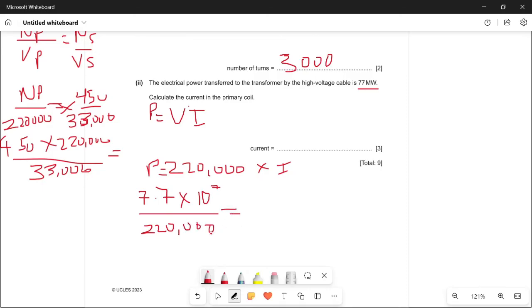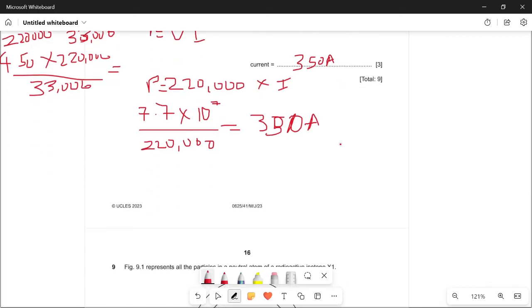So this would give us 350 amps. So the current is going to be 350. That's going to be our final answer.